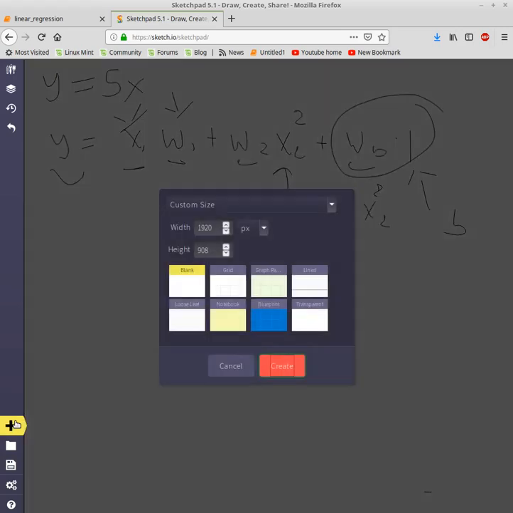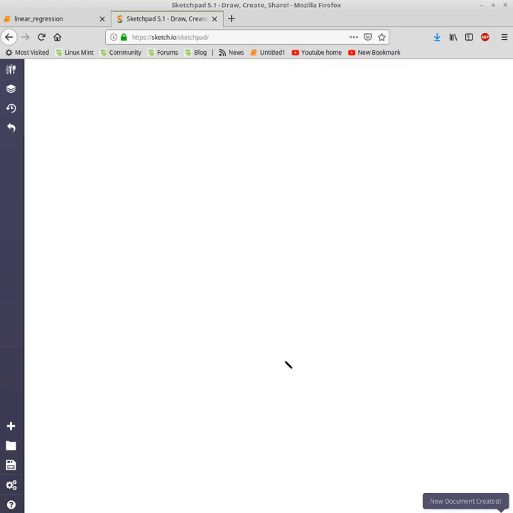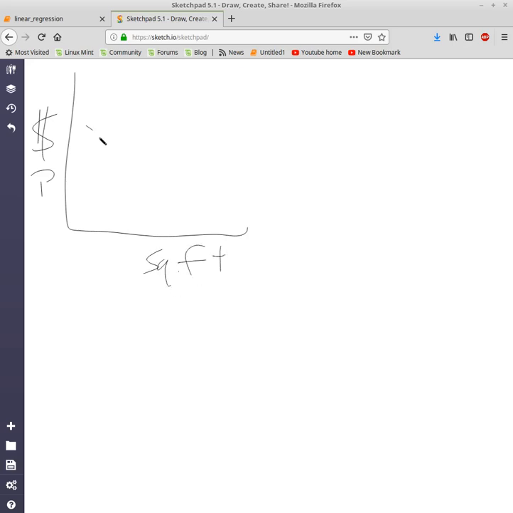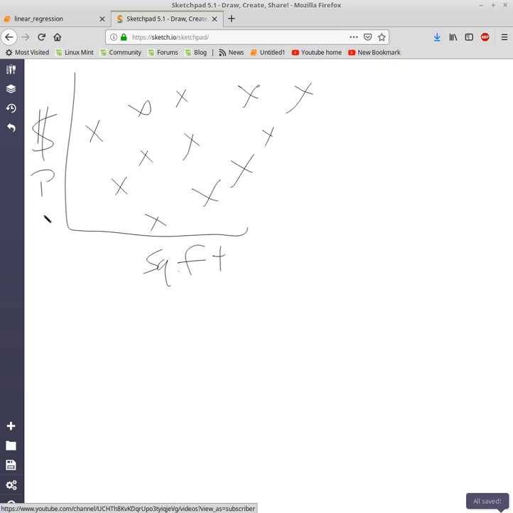So an example of linear regression is given here. For example, we have a graph of housing prices, where y indicates housing prices and x indicates square footage.